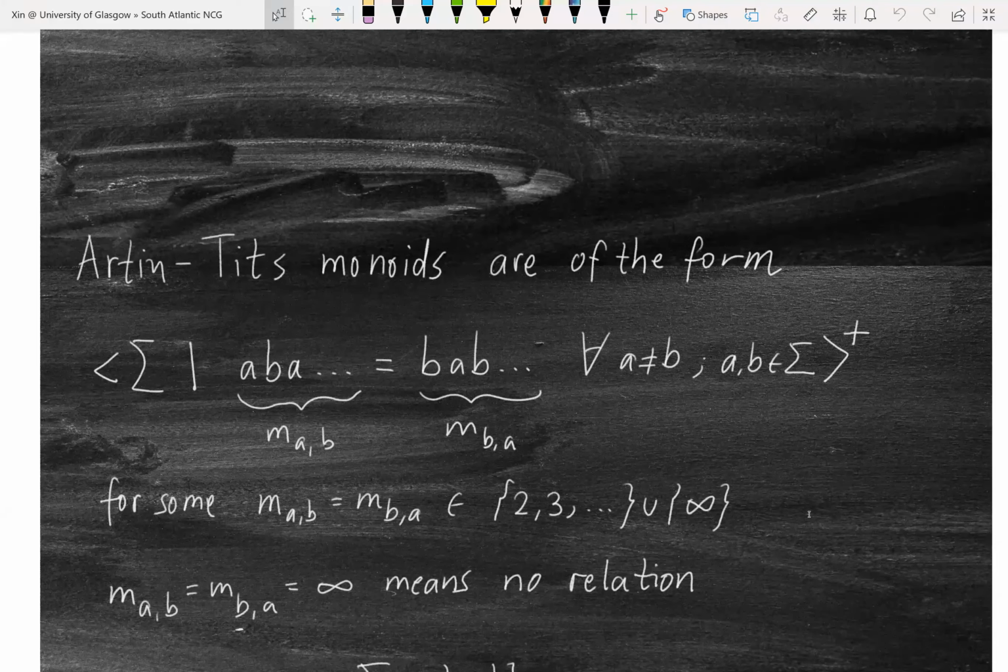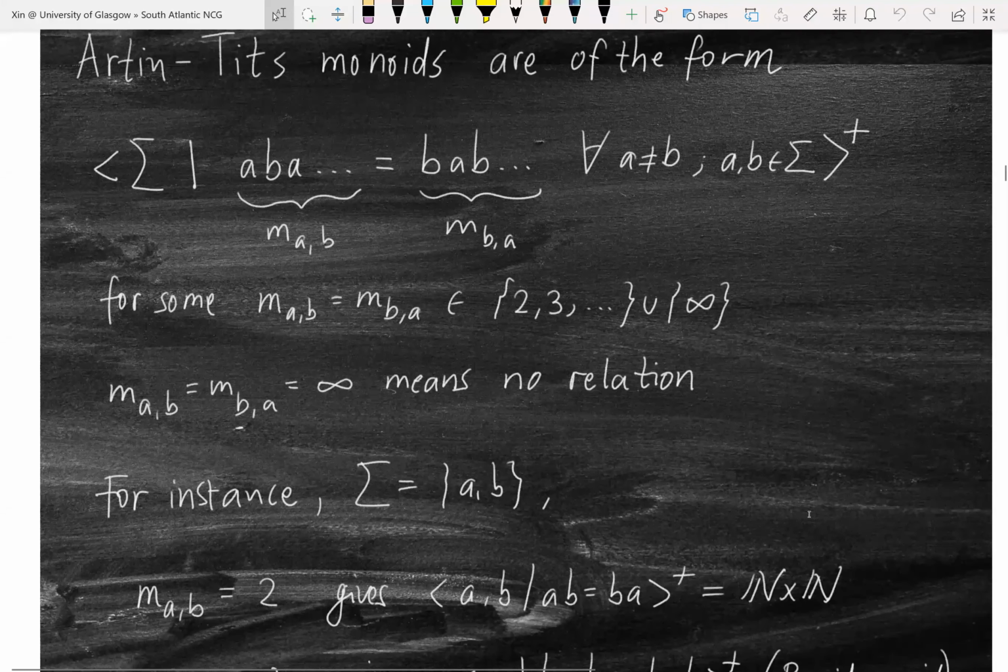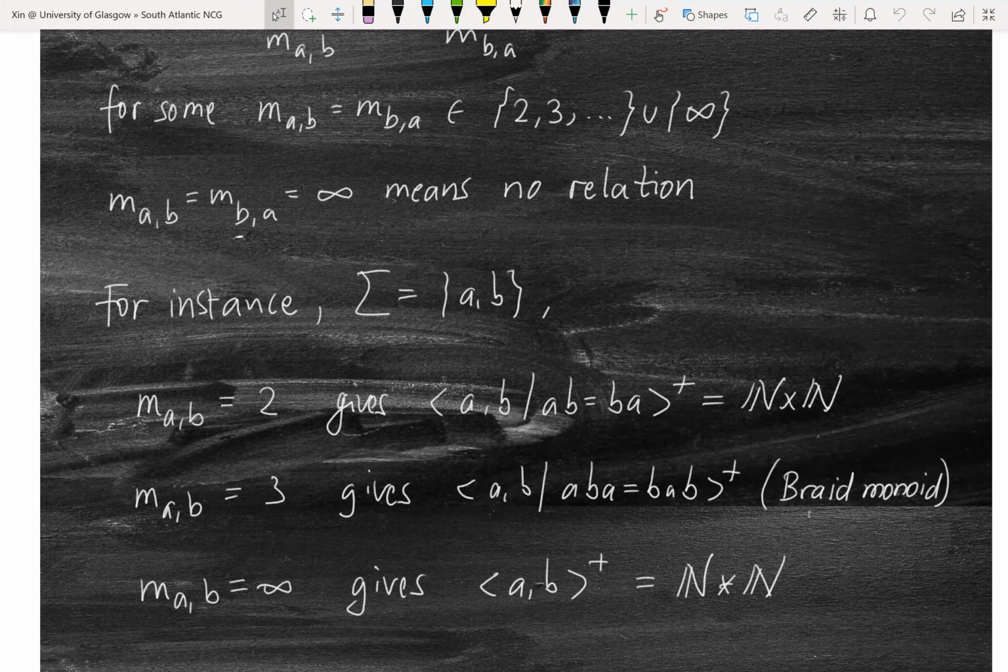So just quick examples. For instance, if you just have two generators and your m, the length, is 2, then the relation you impose is just this commutation relation. So you're just looking at the direct product of two copies of the natural numbers. If your length is 3, then you look at this relation here, and this is one of these typical braid relations.